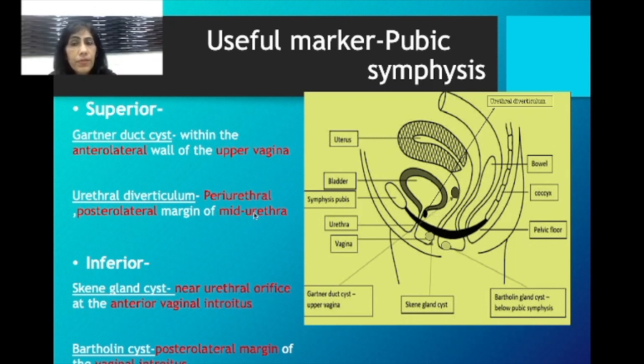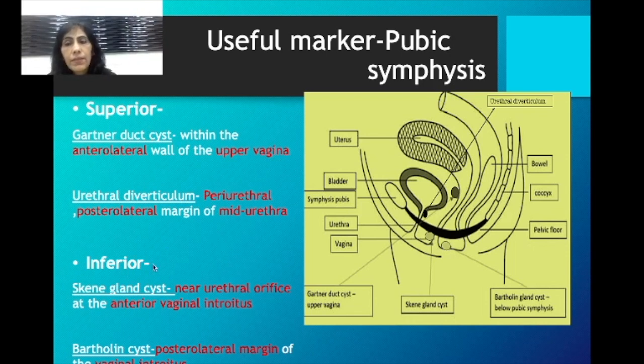So the confusion can come. What can help you differentiate? Urethral diverticulum will usually be in communication with the urethra. The word diverticulum itself tells you that it would be in communication with the urethra, while the Gartner's duct cyst would not be communicating with the urethra.